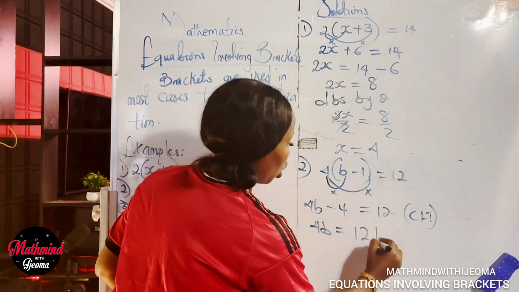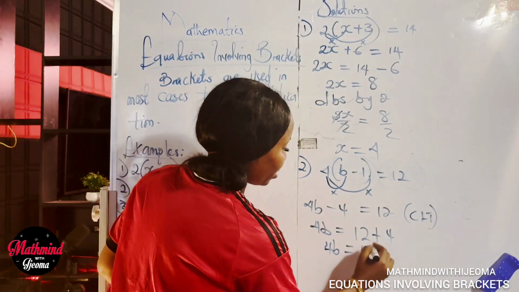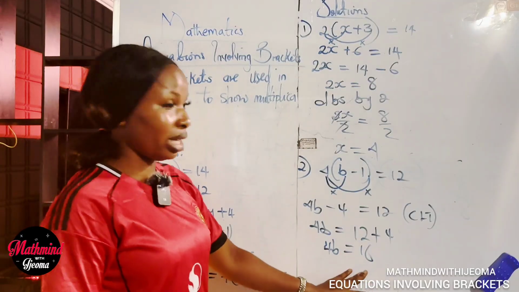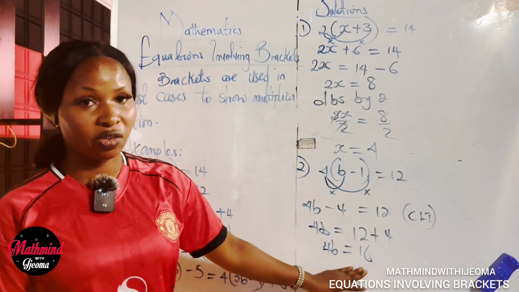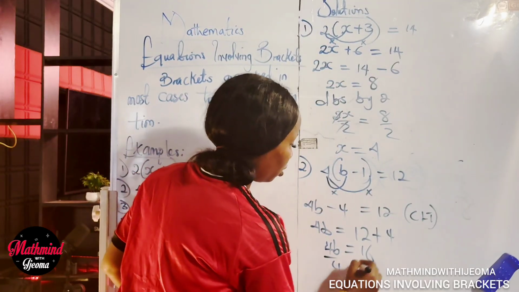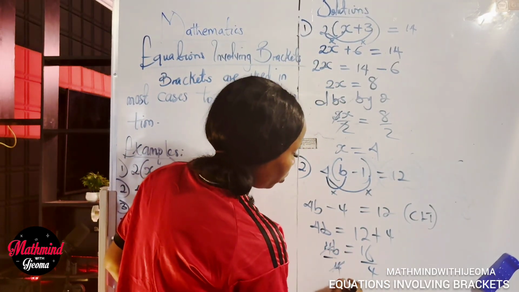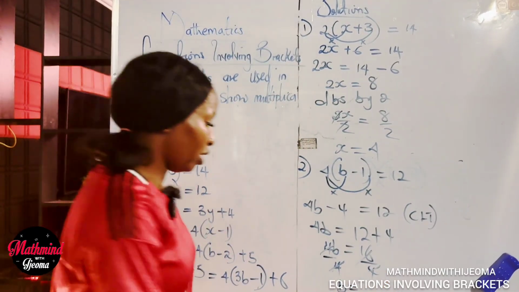So it becomes plus 4. So we have 4b is equal to 16. 12 plus 4, 16. So what do you do next? The second rule. Divide both sides by the coefficient of b. So we have over 4 over 4. Which will give us b equal to 16 divided by 4, which is 4.